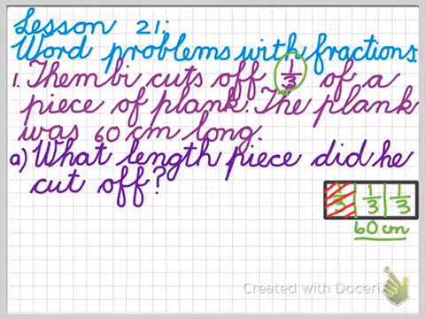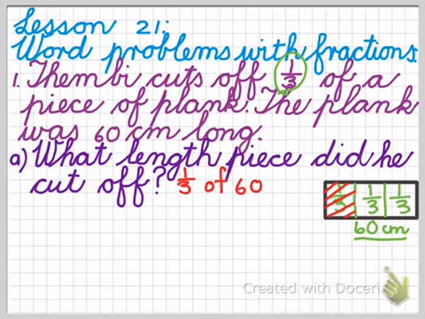So let us write that now as a little sum. What length piece did he cut off? He cut off 1/3. Now we're going to find out what 1/3 of 60 centimeters is.